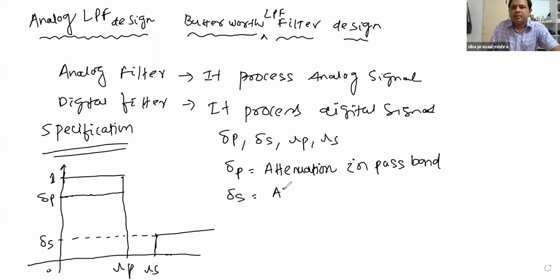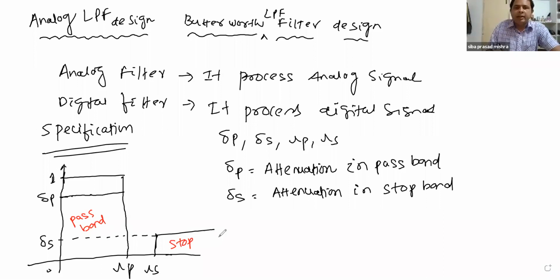Del s is the attenuation in stop band. Okay. This is clear. This is your passband. Already I explained in the last class, and this is your stop band. Yes or not? Okay.